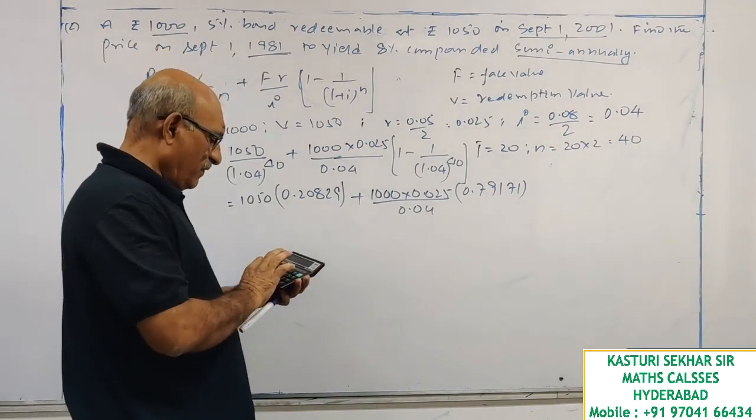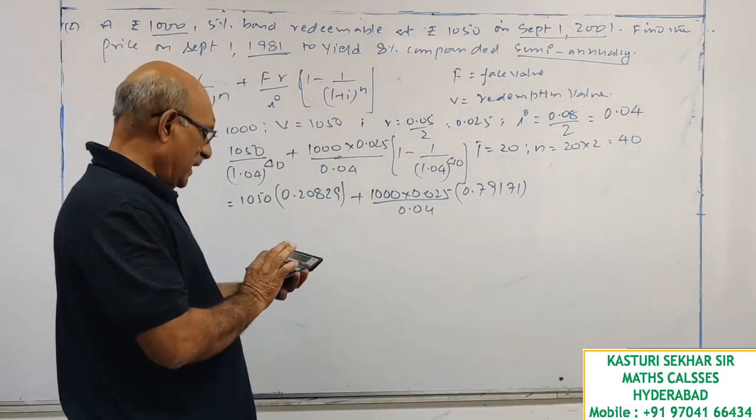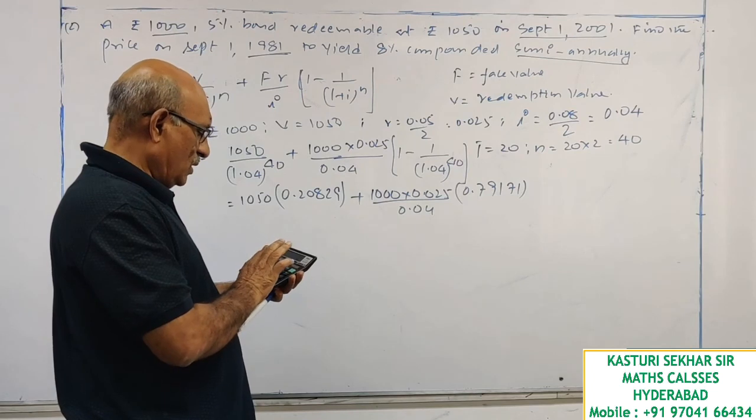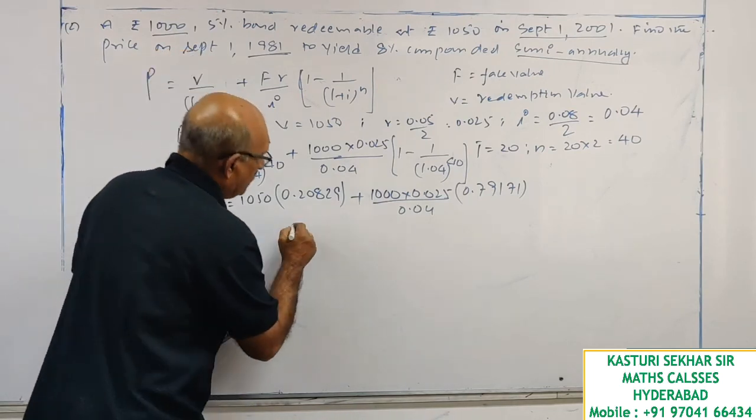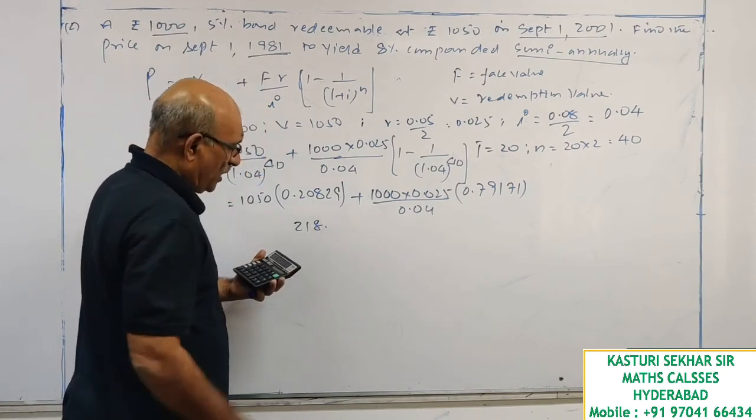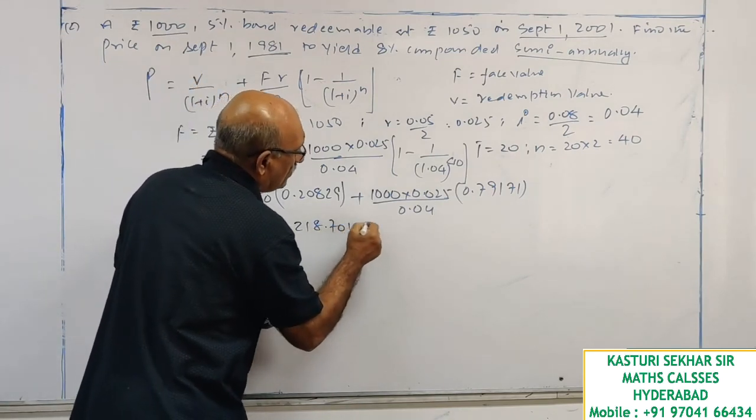So this is 1050 into 0.20829, which is 218.7045 plus.